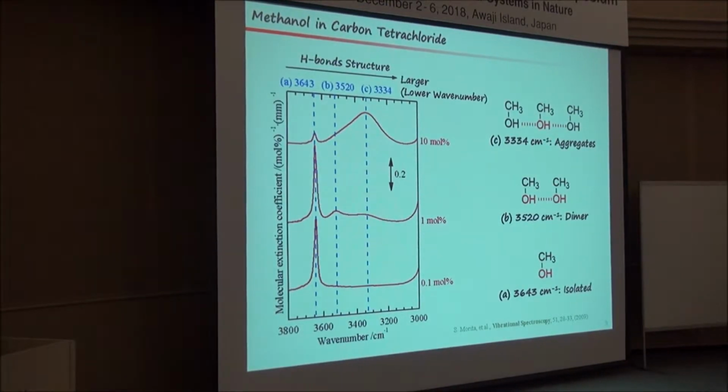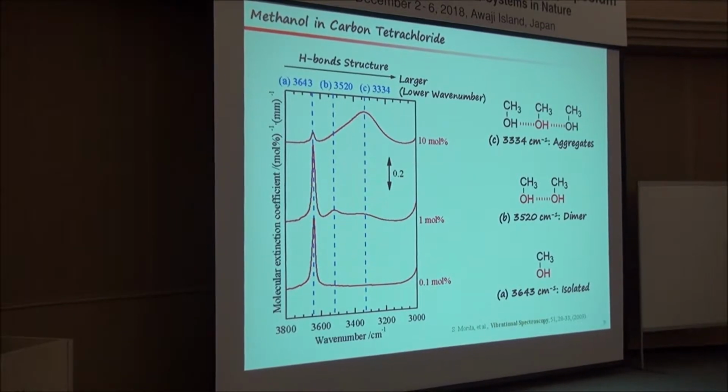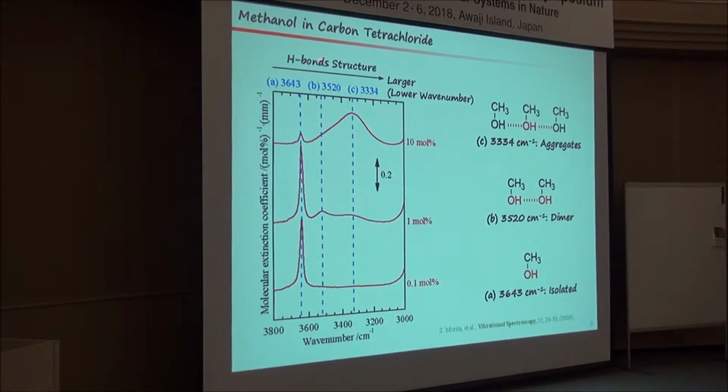This figure shows the mid-infrared spectra in the OH stretching region of methanol dissolved in carbon tetrachloride. This line represents the spectrum of methanol dissolved in carbon tetrachloride at a low concentration of 0.1%. It means that one methanol molecule was surrounded by 999 carbon tetrachloride solvent molecules. Now we can identify a very sharp and intense absorption at a higher wave number, 3663 wave numbers.